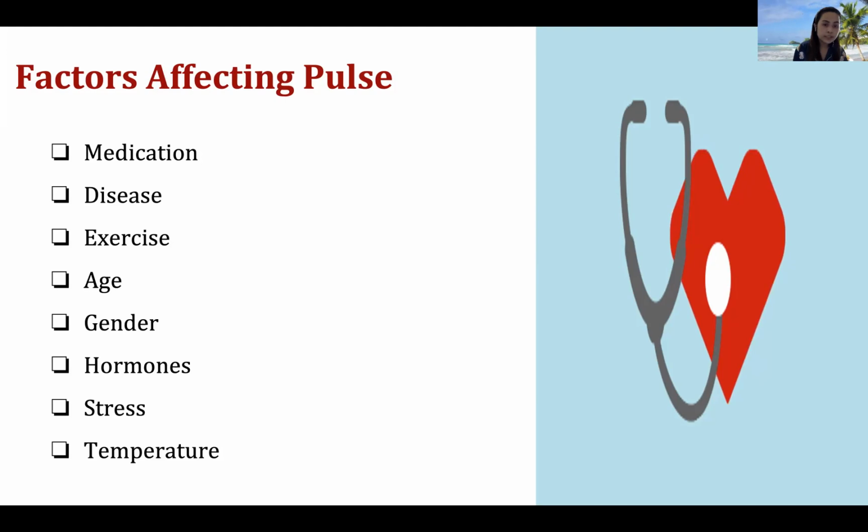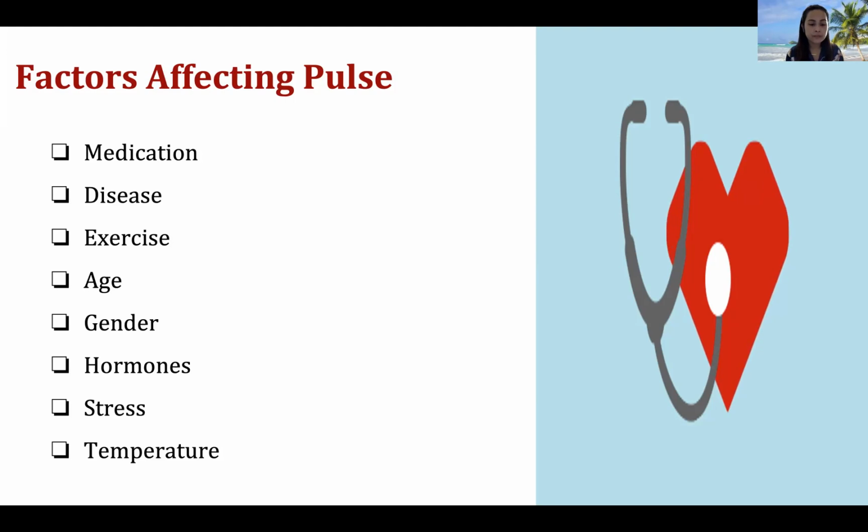Gender: who has a higher pulse rate, the male or the female? Of course, the male, because males have more activities than females. Hormones: if you are having hormonal changes, like hormones for menstruation, you will notice that sometimes you have an increased pulse rate.